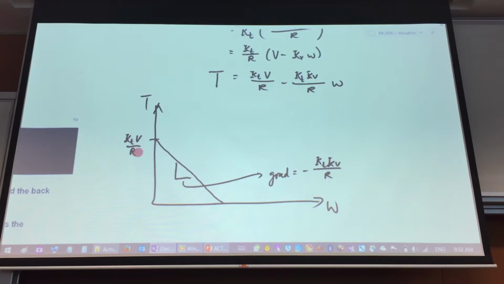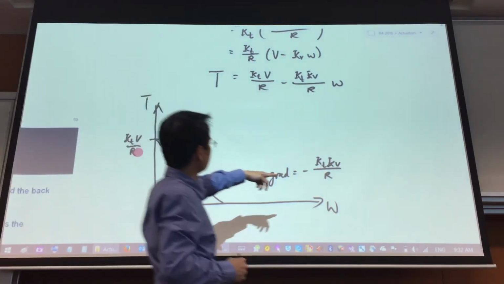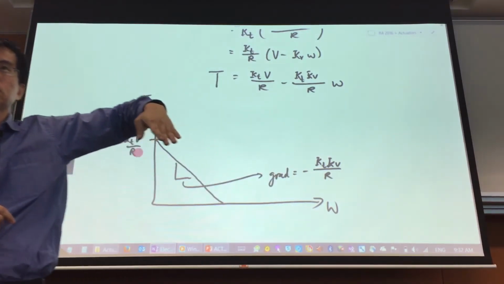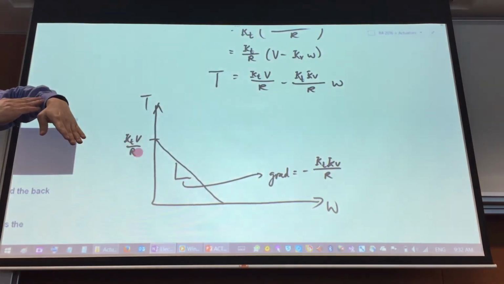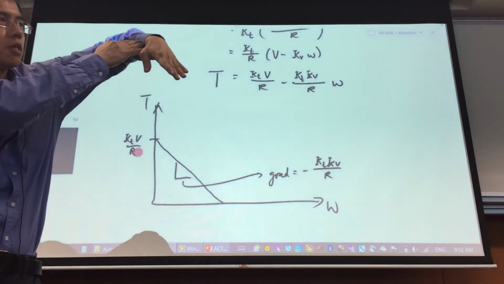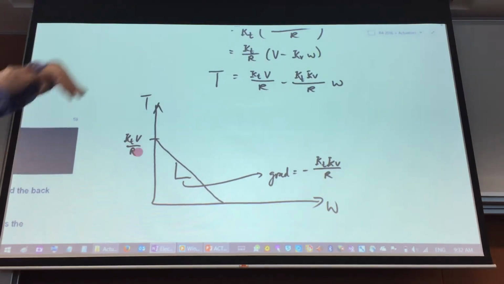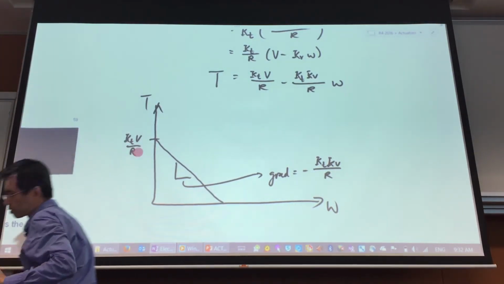Is it going to have a different gradient? Because the gradient doesn't have V in there, it's not going to affect the gradient. So if the gradient is not affected, as you increase V, will this line be somewhere higher or somewhere lower? Yeah, it will be higher. So that's your direction.